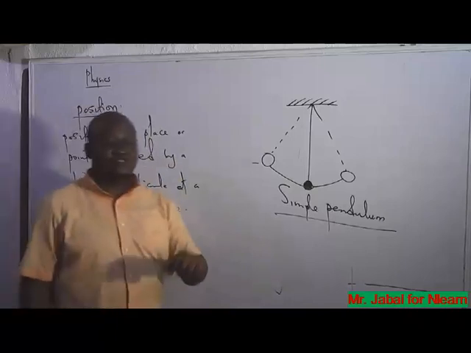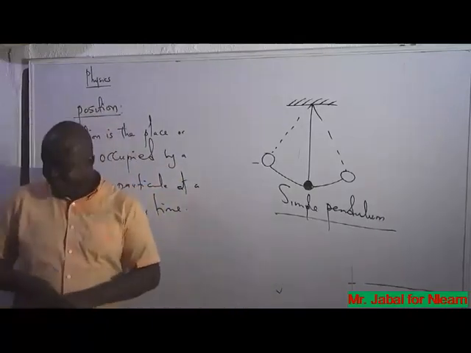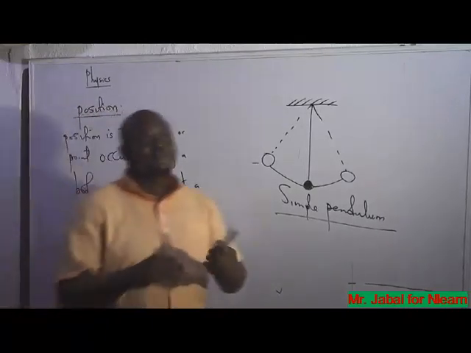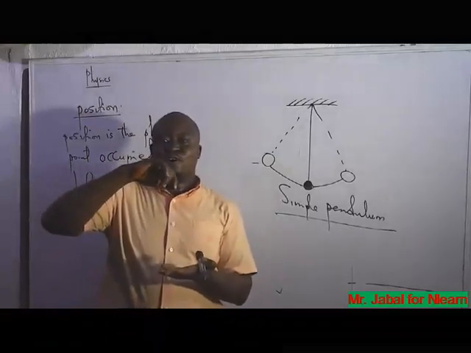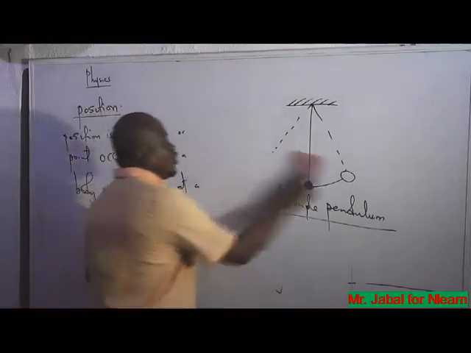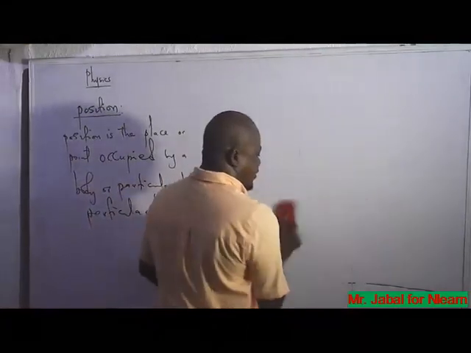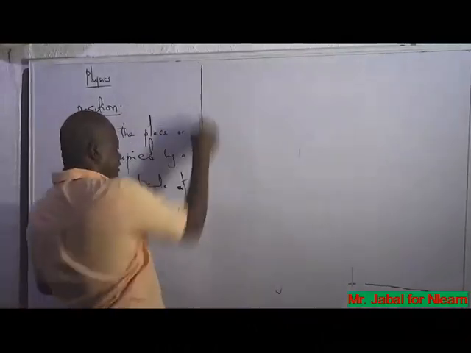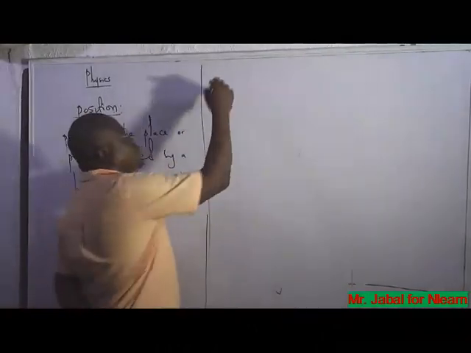This position can be determined using locational tracing. Locational tracing is done using what we call the distance between 2 points.